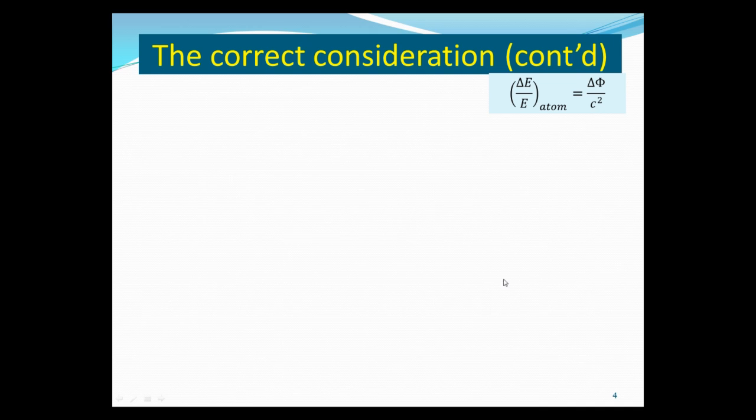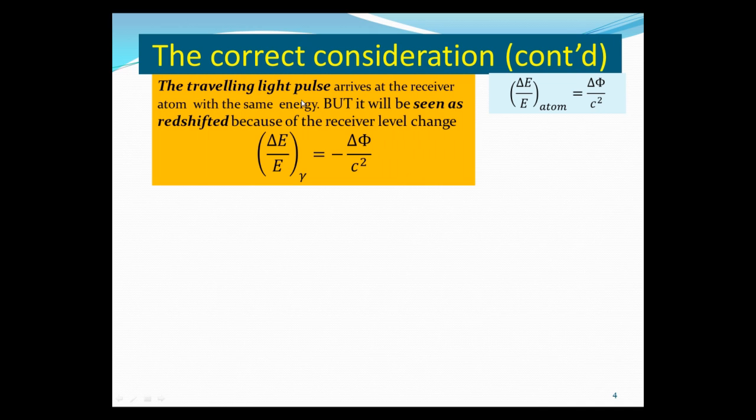If the atomic energy levels shift, but the traveling light pulse arrives at the receiver with the same energy, then even though it arrives with the same energy, it will be seen by the receiver atom as redshifted, because the receiver levels have blue shifted. So the light will appear to the atom to be redshifted by the opposite amount, minus delta phi over c squared.